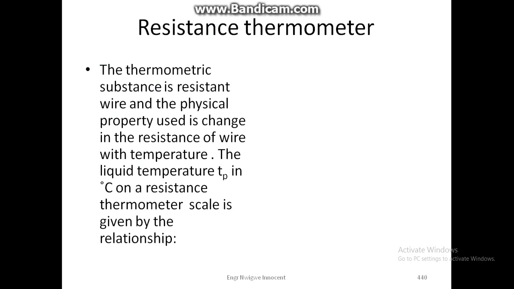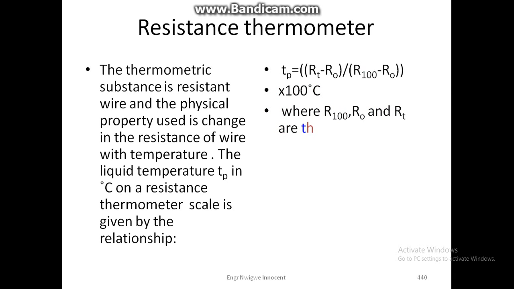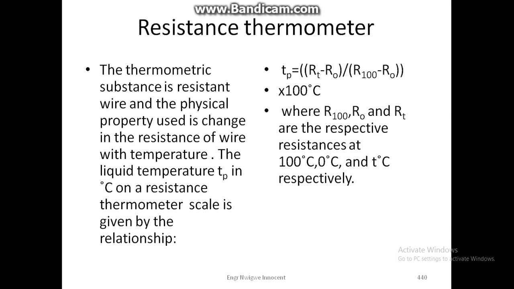The temperature Tp in degrees Celsius on a resistance thermometer scale is given by the relationship Tp equals open bracket Rt minus R0 close bracket all over open bracket R100 minus R0 closing bracket times 100 degrees centigrade, where R100, R0, and Rt are the respective resistances at 100 degrees Celsius, 0 degrees Celsius, and T degrees Celsius respectively.